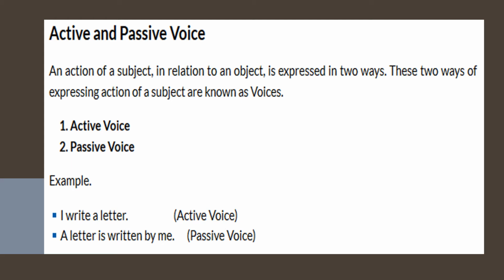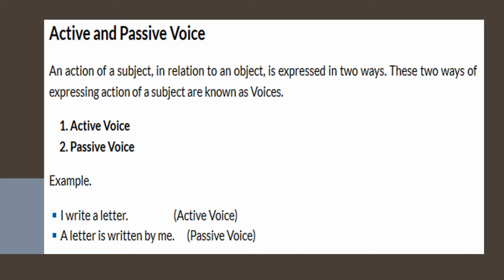An action of a subject in relation to an object is expressed in two ways. These two ways of expressing action of a subject are known as voices. First voice is active and the second voice is passive. For example, I write a letter. It's an active voice. Why? Because we have subject I, then verb write, and then object a letter.